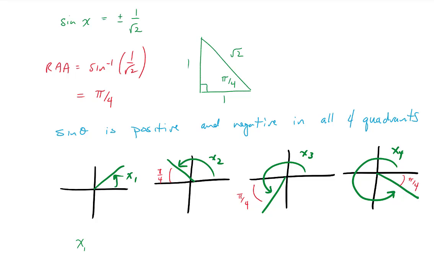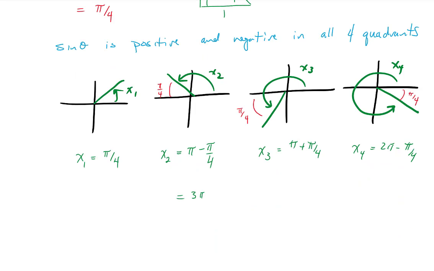So therefore, x1 is just equal to our related acute angle, pi over 4. x2 is equal to pi minus pi over 4. x3 is equal to pi plus pi over 4. And x4 is equal to 2 pi minus pi over 4. So x2 is 3 pi over 4. x3 is 5 pi over 4.